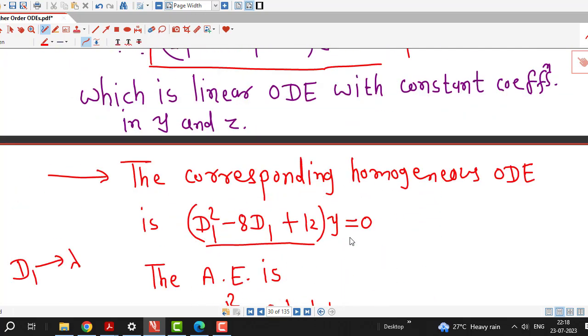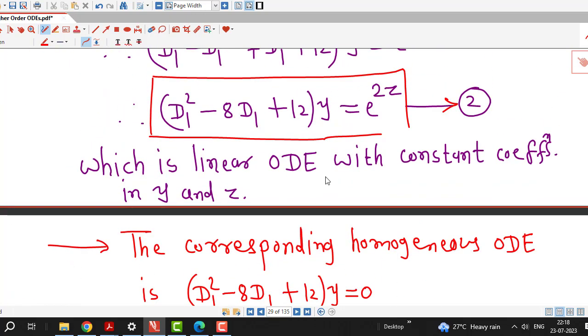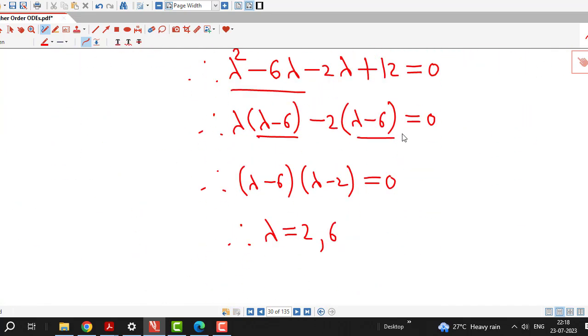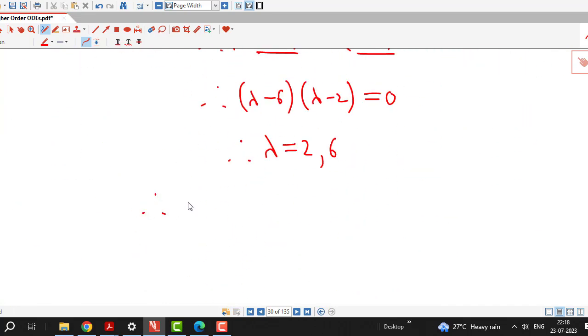And here our equation is a differential equation with constant coefficients in variables y and z, that is z is our independent variable. So therefore the complementary function will be equal to c1 times e raised to lambda z. Lambda is 2 and 6, so c1 e raised to 2z plus c2 e raised to 6z.